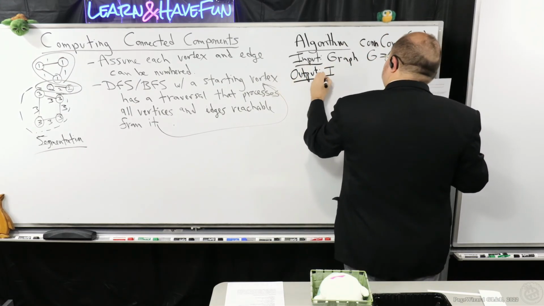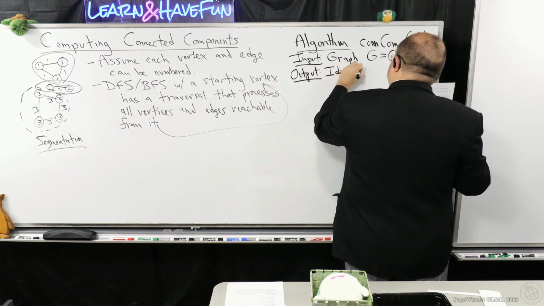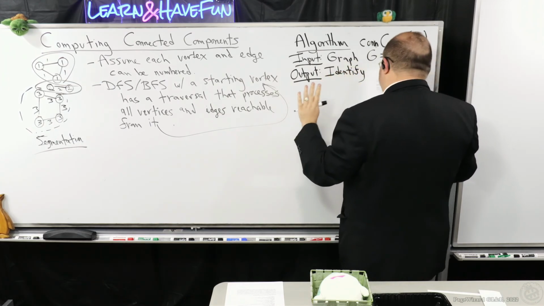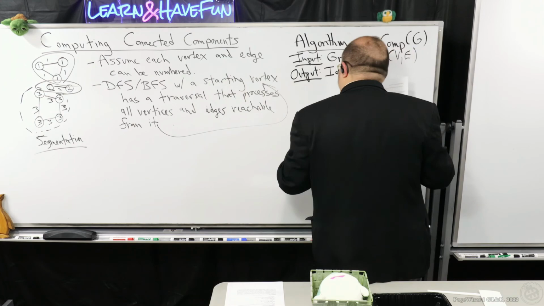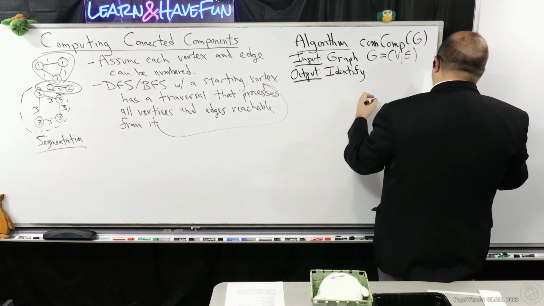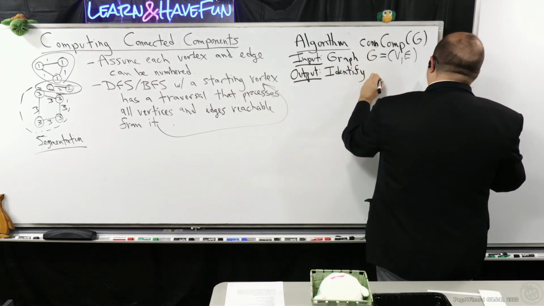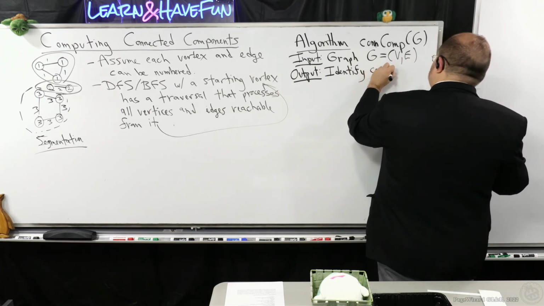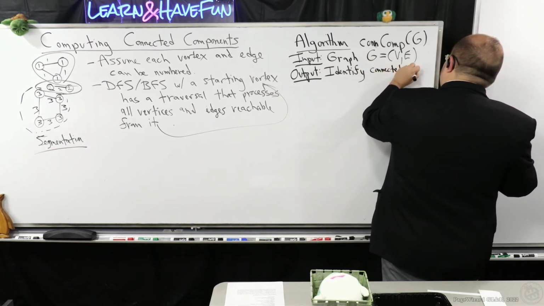Output is not going to actually return anything, other than modifying the graph. It's going to change these attributes on each vertex and edge to identify connected components. That's what it's going to do.